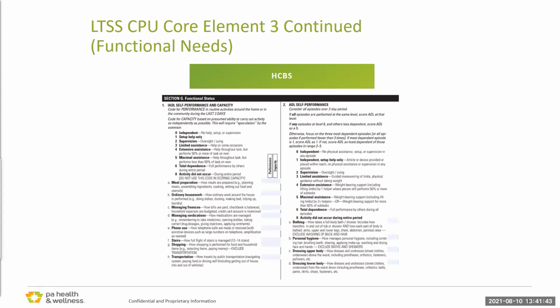So for HCBS folks on the NRI, under section G, functional status, which is something I'm sure every external service coordinator on a call is very familiar with, you'll be able to capture the ADL self-performance, IADL self-performance, as well as the capacity for those IADLs. And that'll contribute to meeting the need of the element as well.